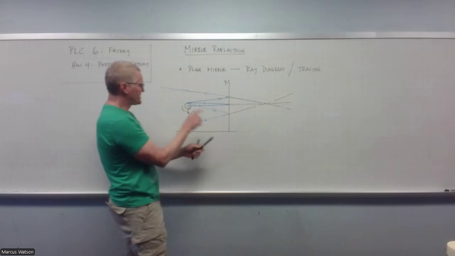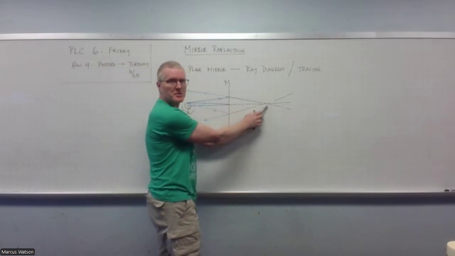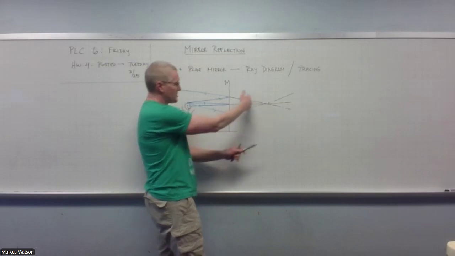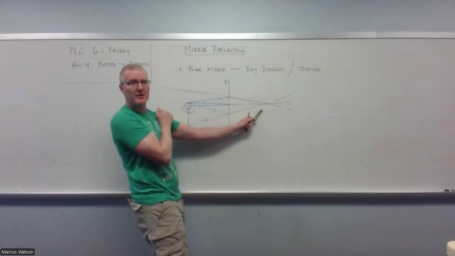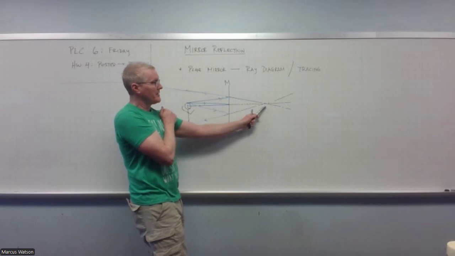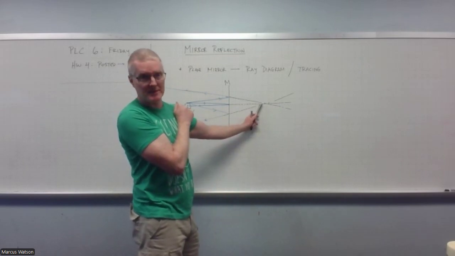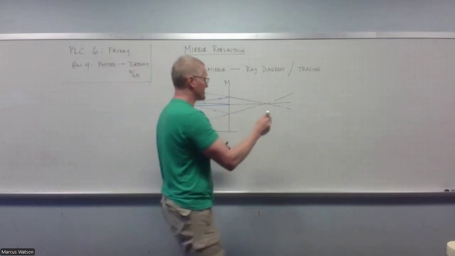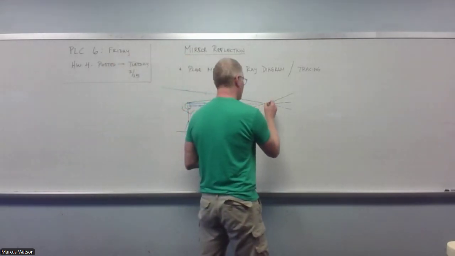Okay? Now you'll see that I just traced them and they intersect right here, which means that it looks like all of these three rays came from a point right back here, okay? This is known as the image point. This is where the image of the top of the head is for the person in the mirror, right?